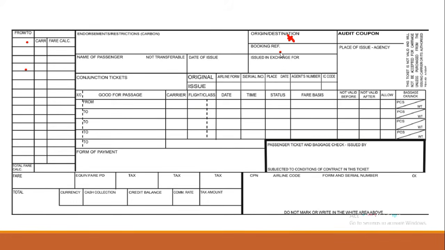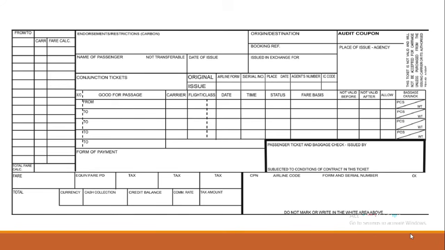And then from there you will write your booking reference. In cases where you are exchanging a ticket, you will write the ticket number, which is usually found here. The ticket number is going to be found in this section. So the ticket number, you will write it here to say you issued this new ticket in exchange for the ticket number that you got in the other ticket.